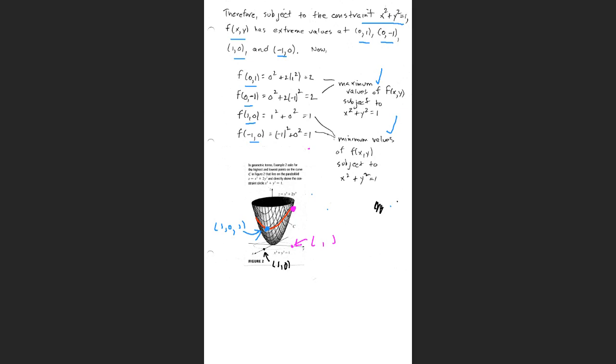What's this point here? Come on, crazy pen. Don't do that to me. 0, 1. All right. 0, 1. Good, Norina. Good.